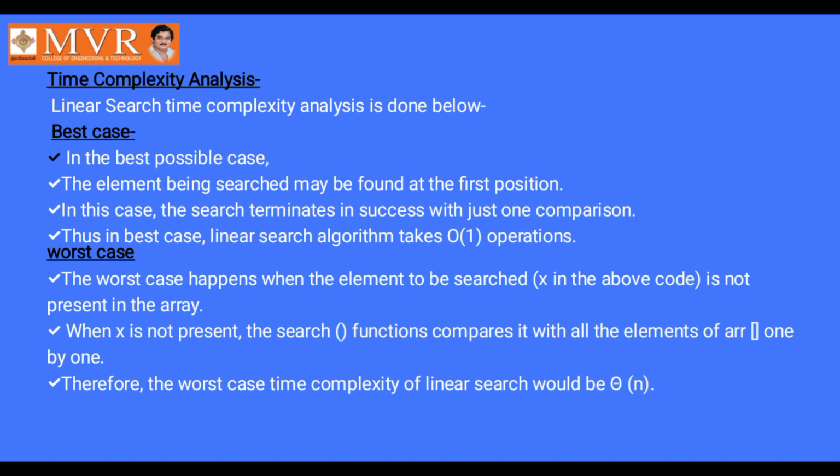Starting from A of 0 I have gone to A of 1, A of 2, A of 3, and so on. I have gone to different locations and searched for my key element until the end of the list. I don't find the element, so my search is waste, my time is waste, my space is waste. So this is the worst case.